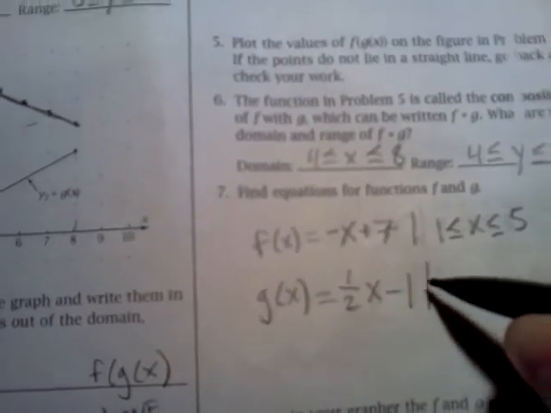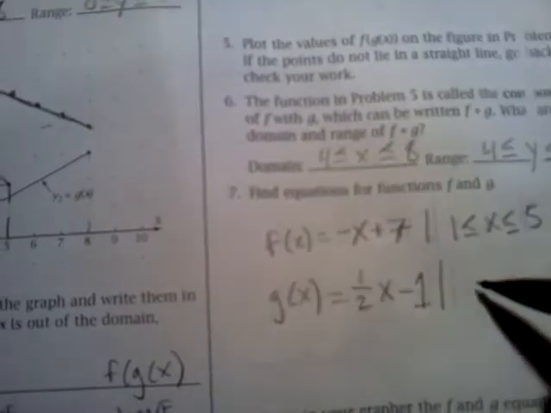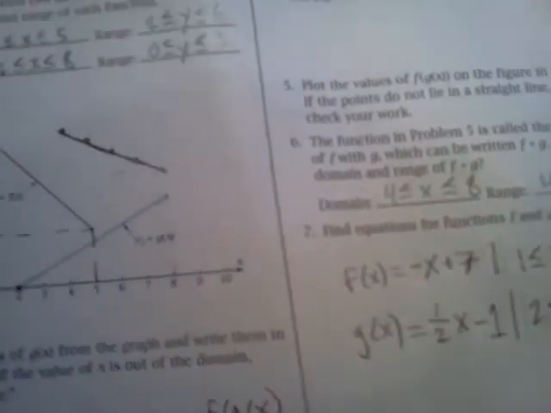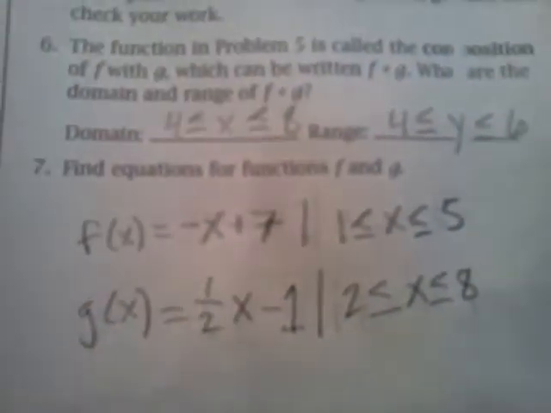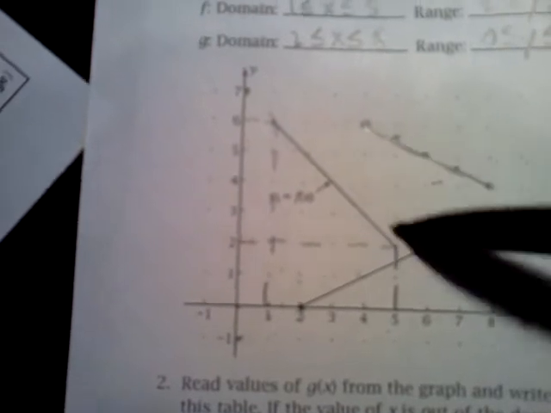That little vertical line, and then put in the domain for g of x, which is 2 is less than or equal to x less than or equal to 8. And then when you graph those two lines, you should have what the original graph was over here, what was given, those f of x and g of x. It should look the same.